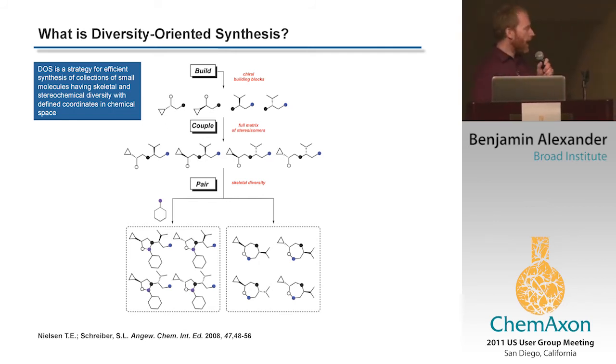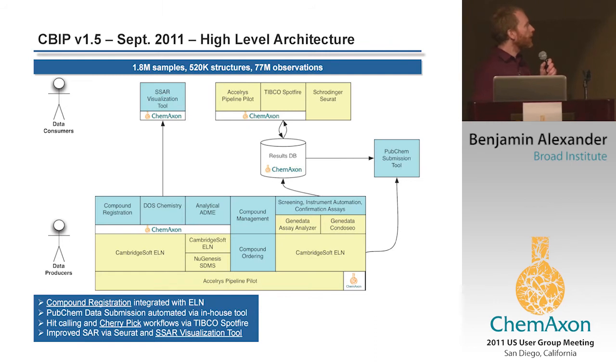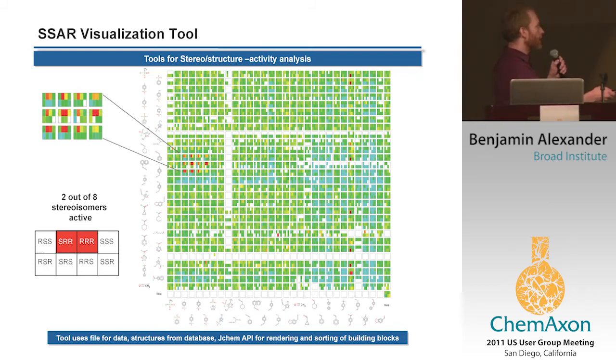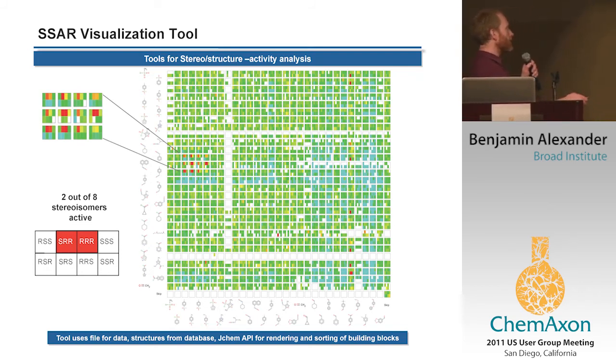And so having all of these different stereoisomers, how do you look at them? What's a good tool for visualization? Well, here's our architecture from before, and I want to talk a little bit about this tool. So here is our SSAR visualization tool, and what's going on here is, imagine that you have a core that's represented here.